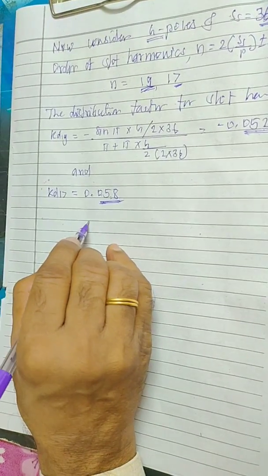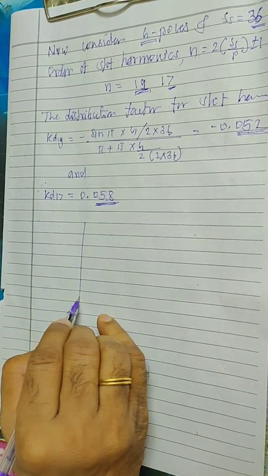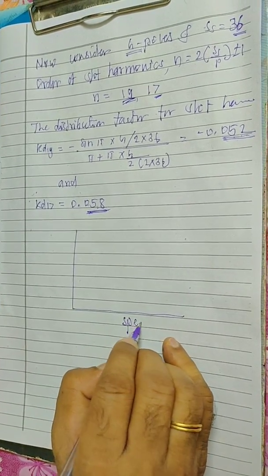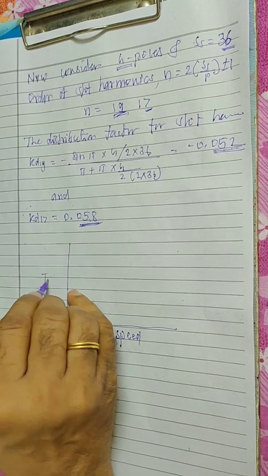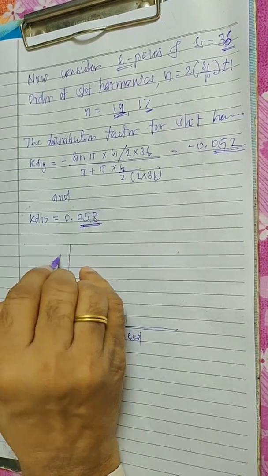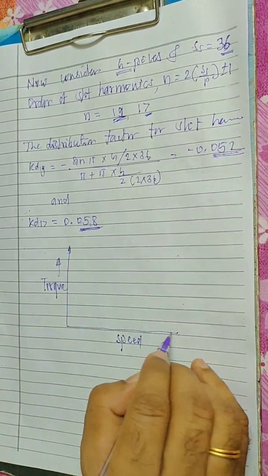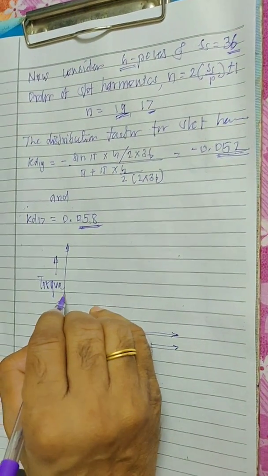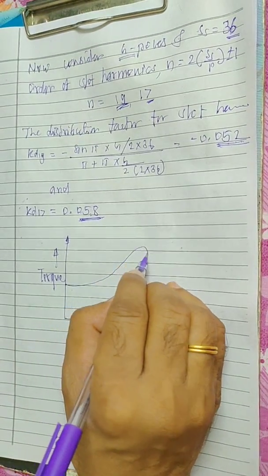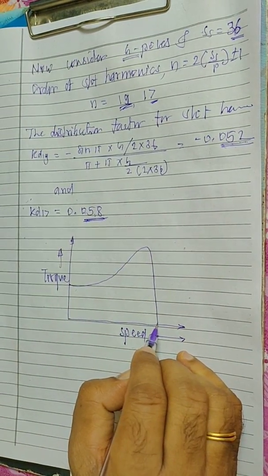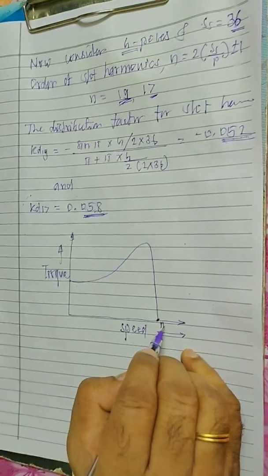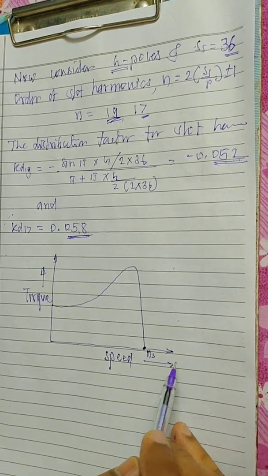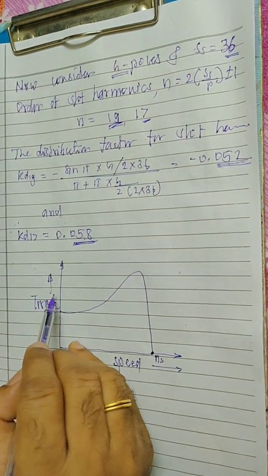So now this is the torque speed characteristics. This is speed, this is torque, and this is synchronous speed. This is the torque speed characteristics with skew and without skew.